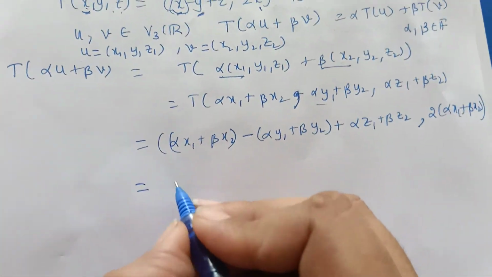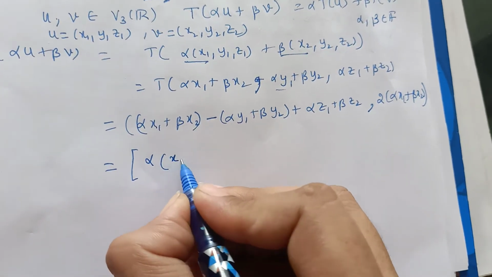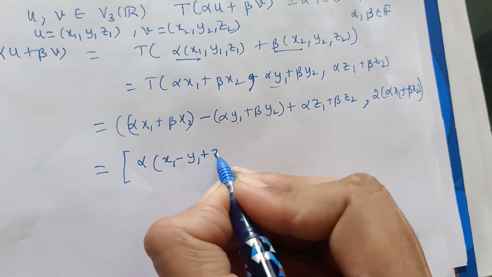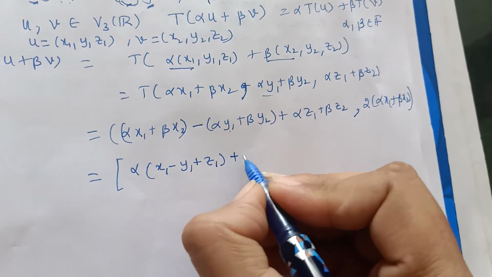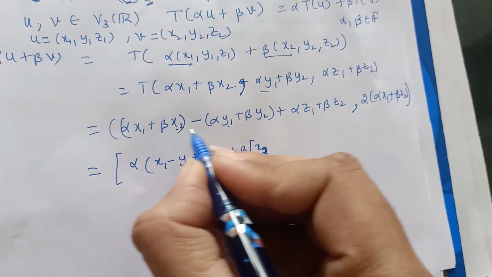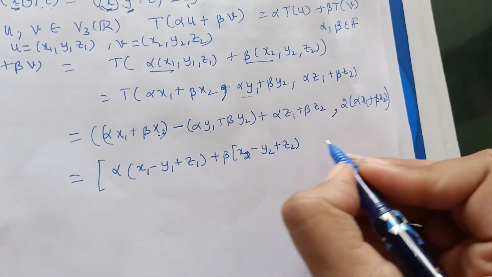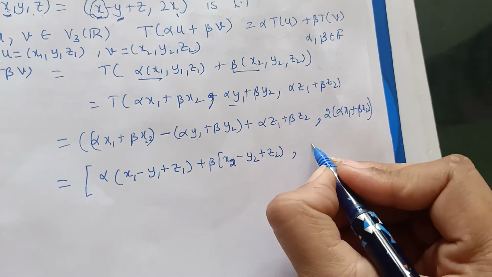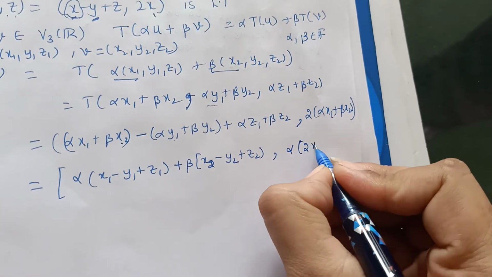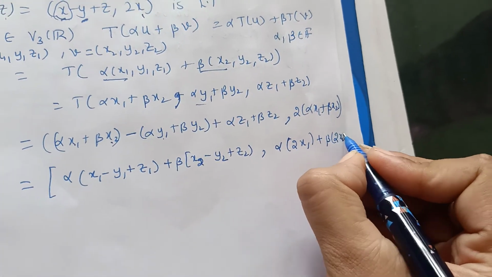So rearranging the terms, let us take alpha common. So this will be x1 minus y1 plus z1, and the same way for beta, you will have x2 minus y2 plus z2, and this is alpha. Let me take alpha and I am writing 2x1 plus beta 2x2.